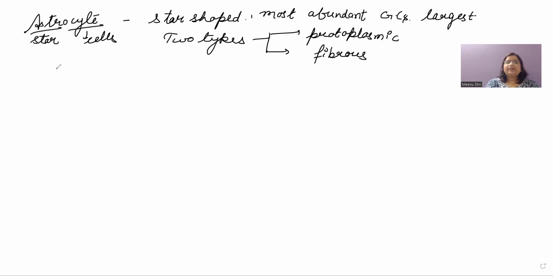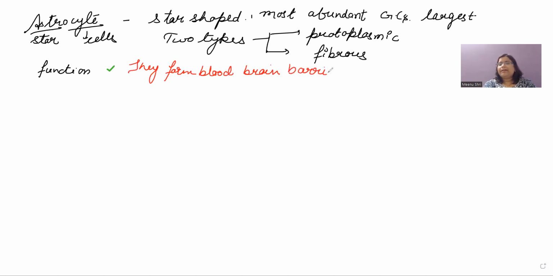Here are the astrocyte cell functions. What functions do they perform? The first function is that they form the blood-brain barrier. What is the blood-brain barrier? Around the nervous system there is blood supply.